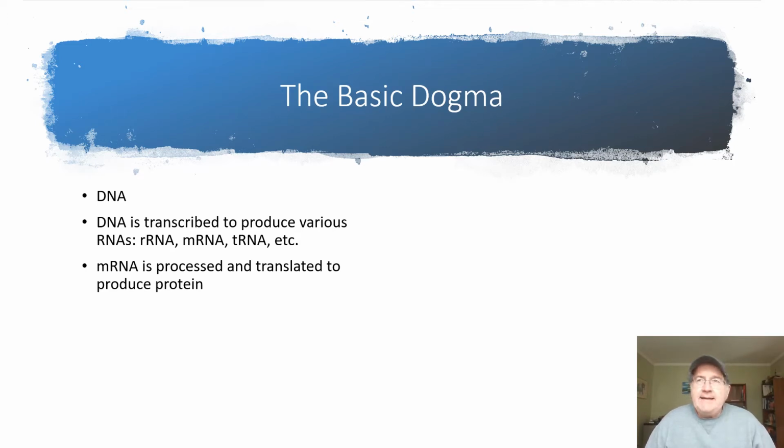But to take the next step in that dogma, we have first the transcription of DNA to RNA, and then the translation of that RNA, specifically the messenger RNA, into protein. And so that's the basic sequence.